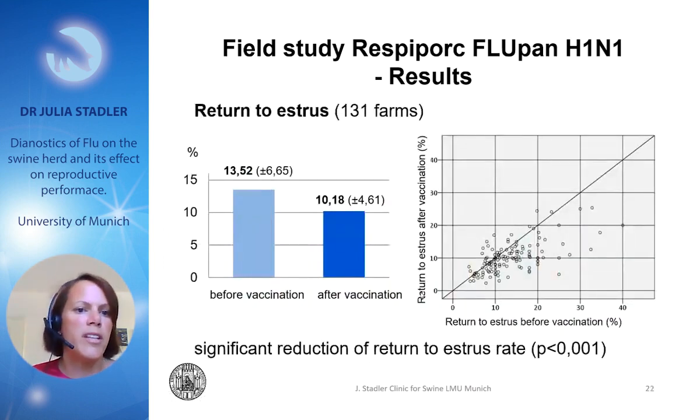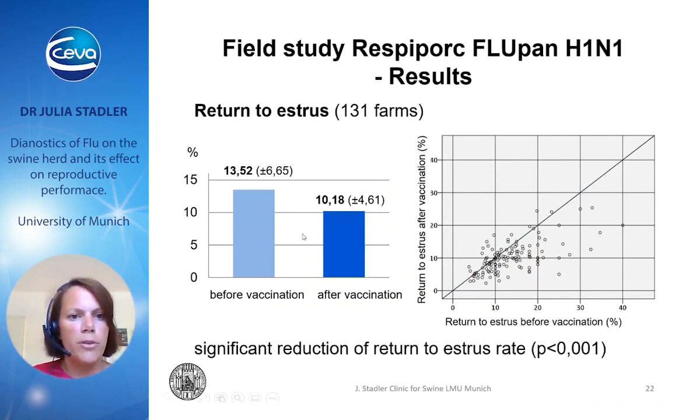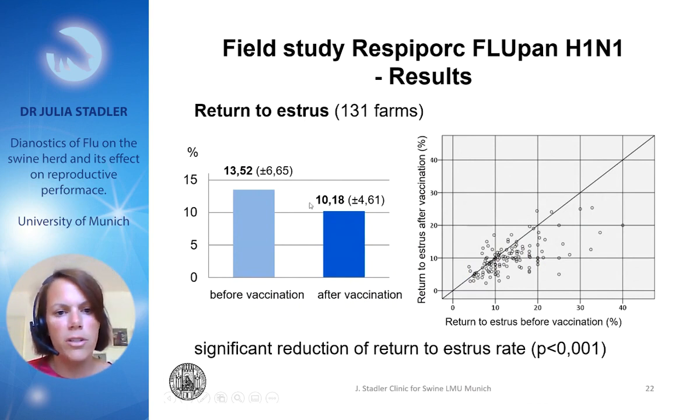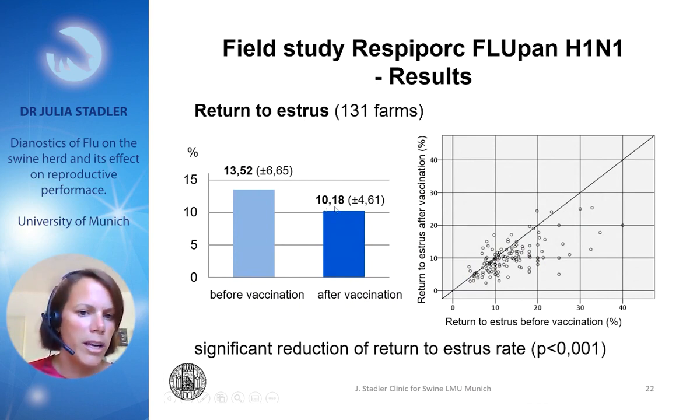So now I want to present you the results of the reproductive performance evaluation. We have the return to estrus as the first parameter. On the left side, you can see the mean return to estrus rate before vaccination, which was 13.5%, and it was significantly reduced after implementation of vaccination to 10.18%.